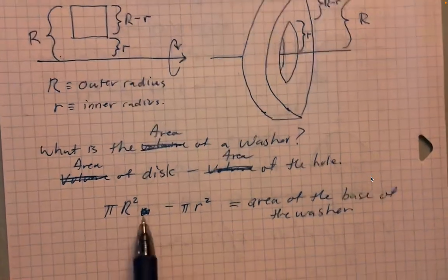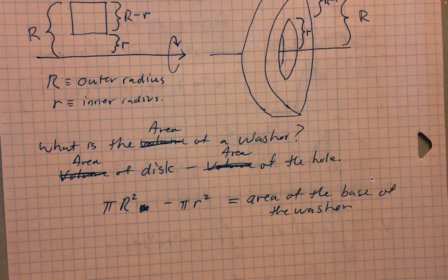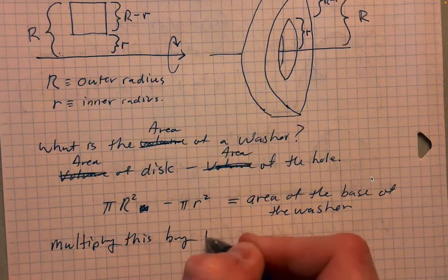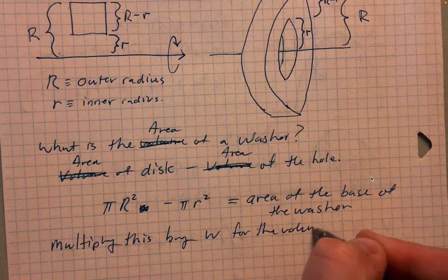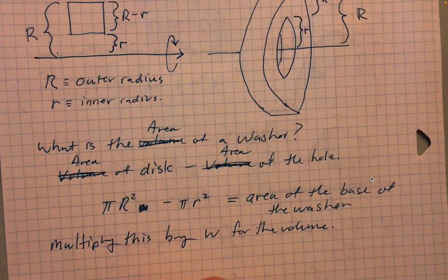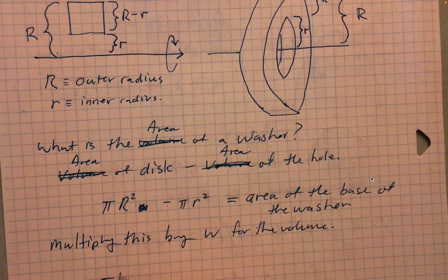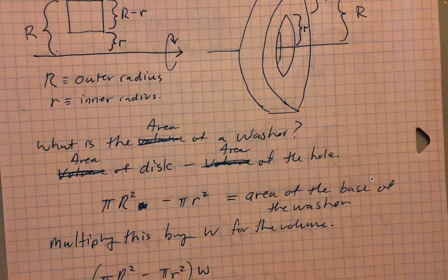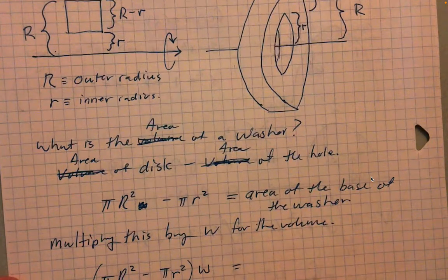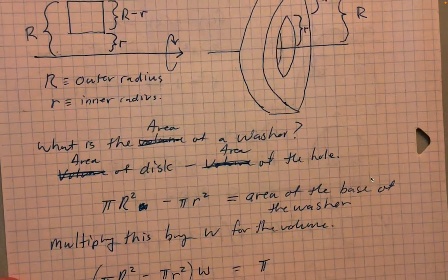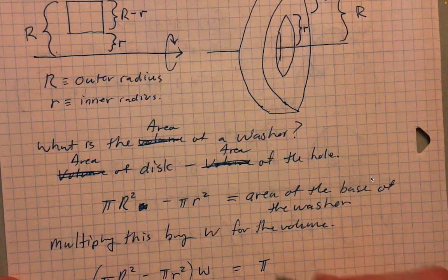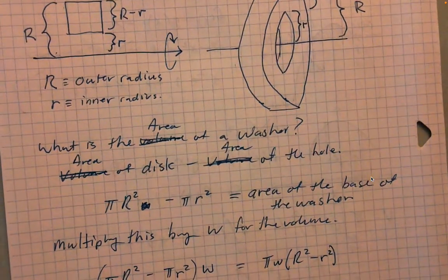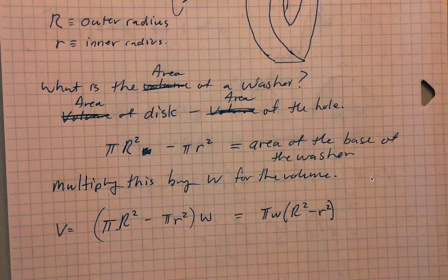And then if you multiply that whole thing by W, you would get the volume. So volume would be equal to pi R squared minus pi little r squared, times W. We can clean this up a little bit and pull the pi out, so we get pi times W times R squared minus little r squared. That would be the volume of the washer.